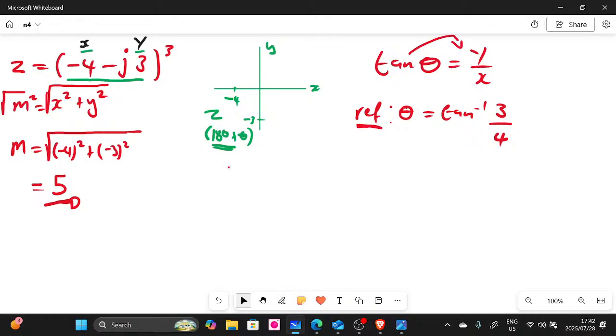If I say arctan of 3 over 4, what are you going to get there, guys? You're going to get 36.87 degrees. I hope we are getting the same thing, my good people. So this is what we're going to get when we do that.